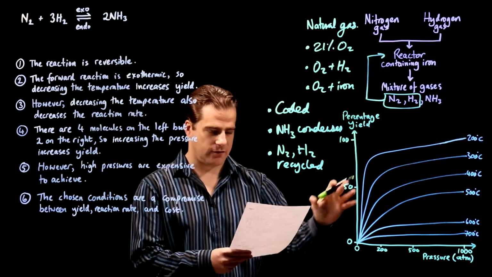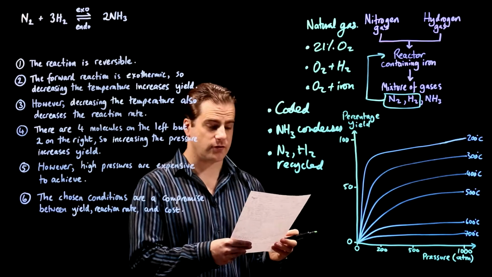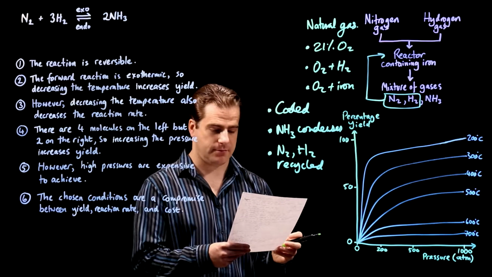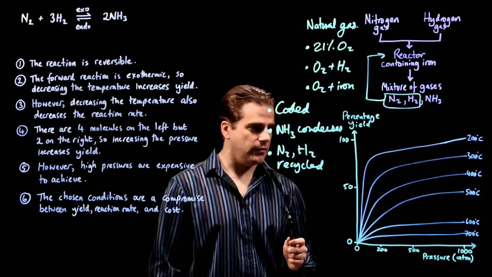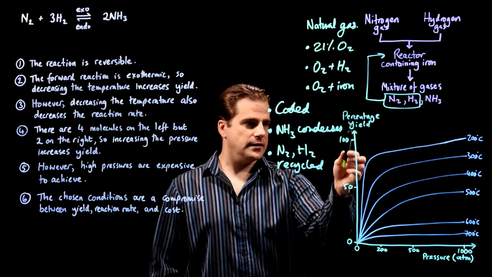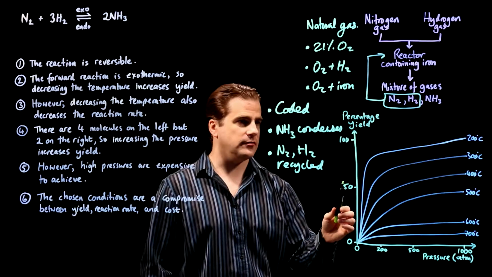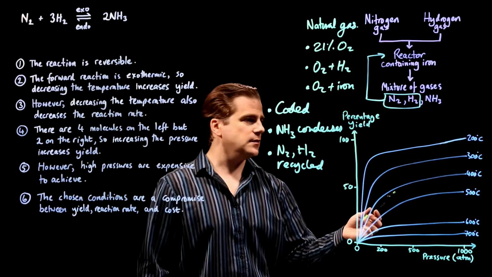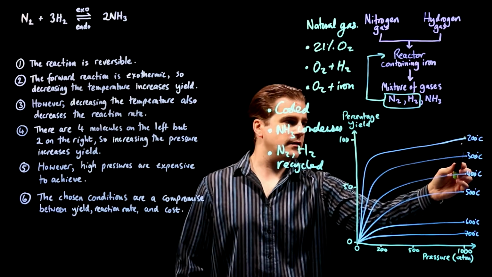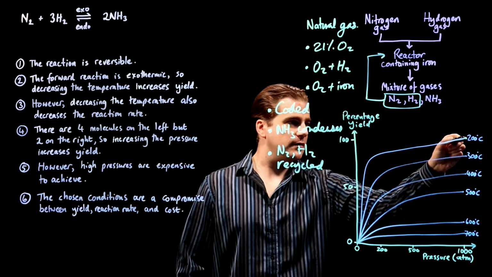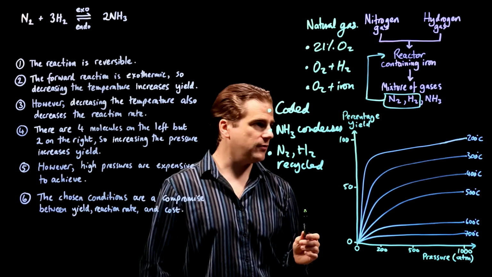Okay, this graph. Use the graph to suggest the conditions that produce the greatest yield of ammonia. Okay, so yield on the y-axis, pressure here, the conditions that produce the biggest yield. Well, here, at that point there's no higher yield on the entire graph.